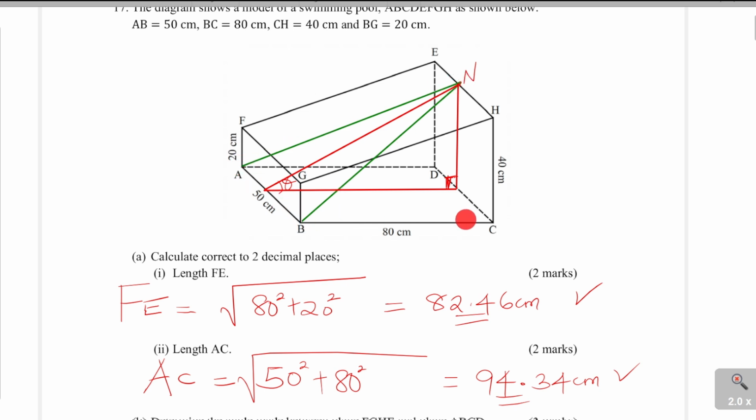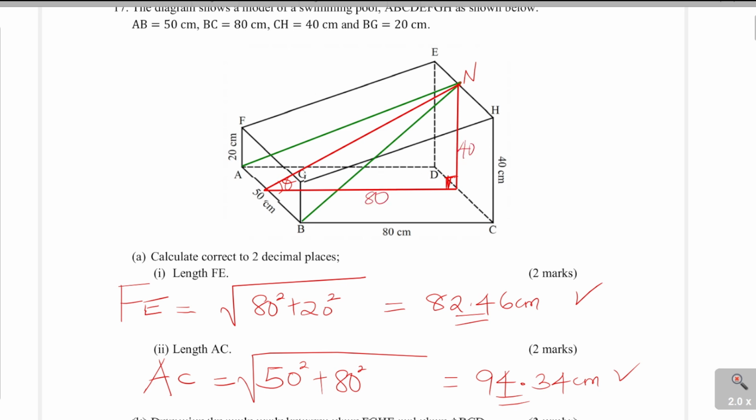That is where the angle will be made. You draw a line perpendicular to AB in the base, and it meets the perpendicular line from the other plane at this point. So this is the required angle. The measurements are: this will be 80, and this one will be 40.